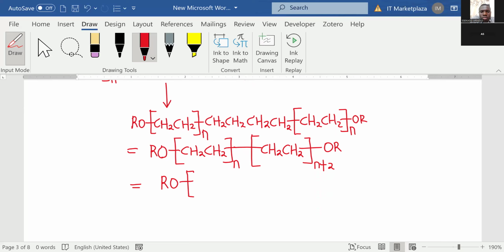These CH2s can be put together so that we have N plus 2, so that becomes CH2, CH2, 2N plus 2 OR.